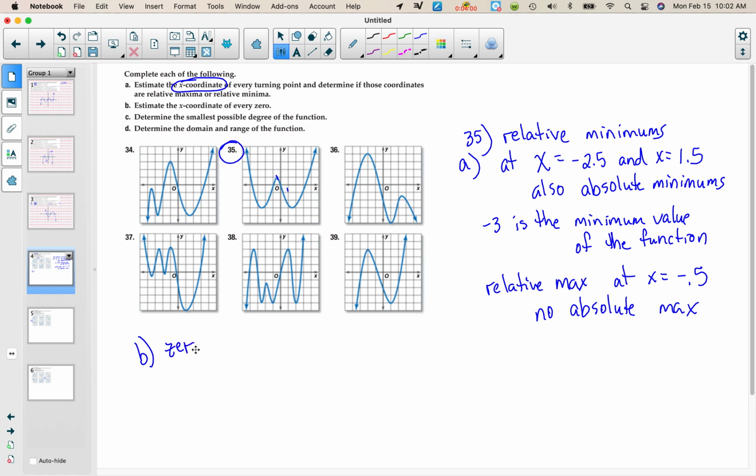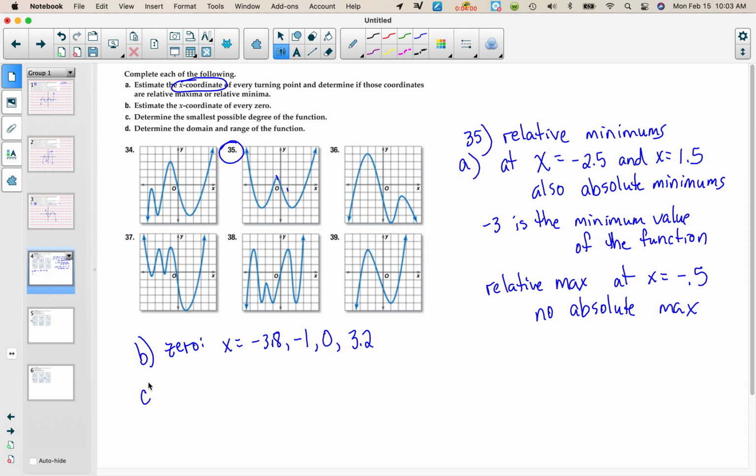So the zeros are at x equals about negative 3.8, about, well, it looks like negative 1, 0, and 1, 2, 3.2 maybe, because you're estimating.